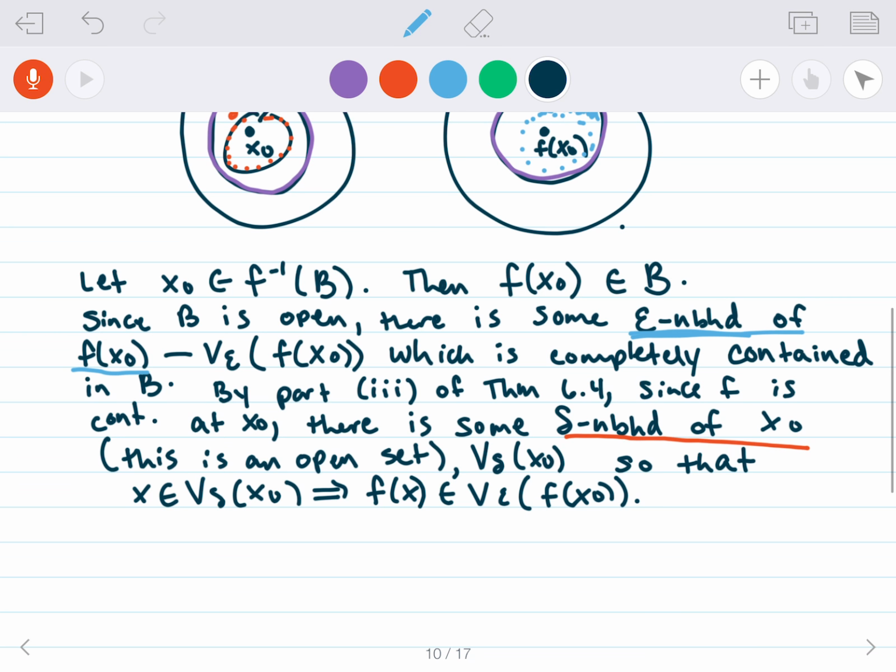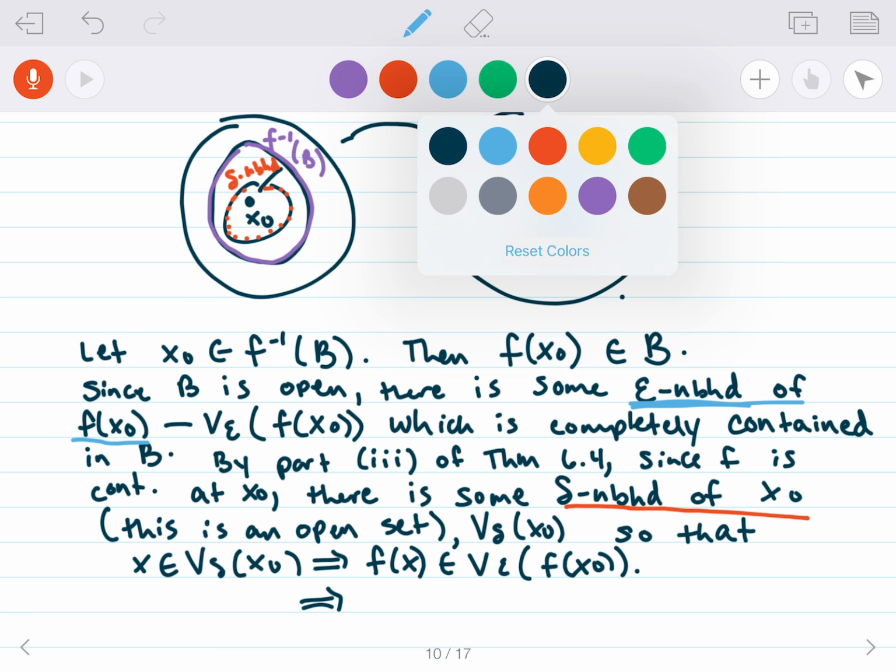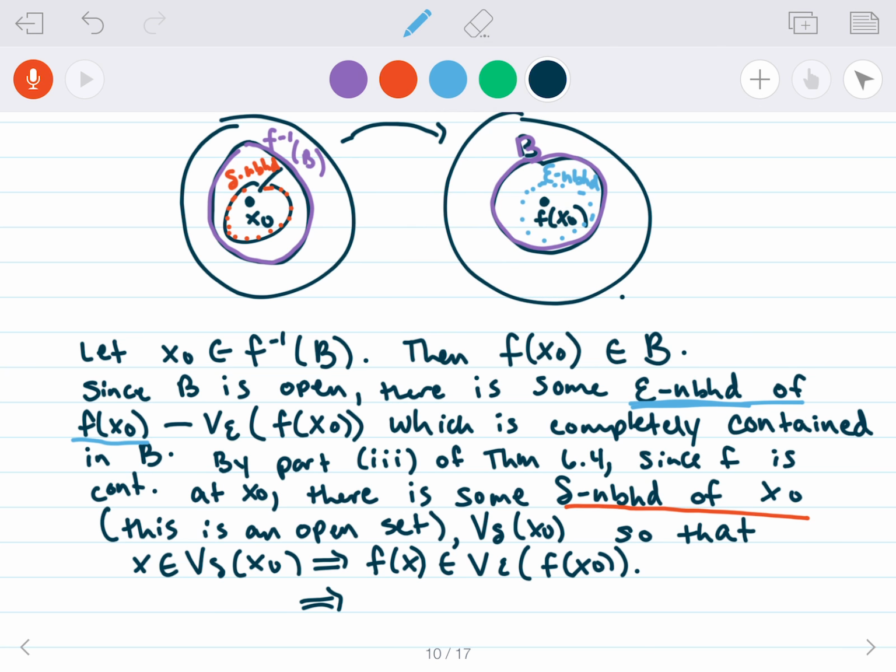Okay, and what does this imply? Well, this is going to imply that x is in X intersect the delta neighborhood, right?